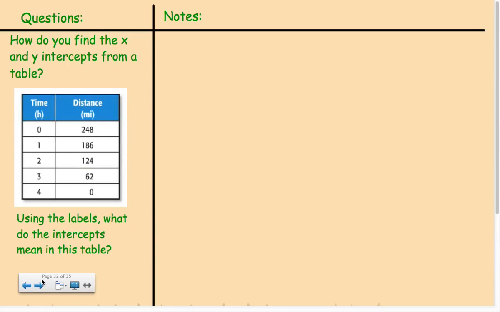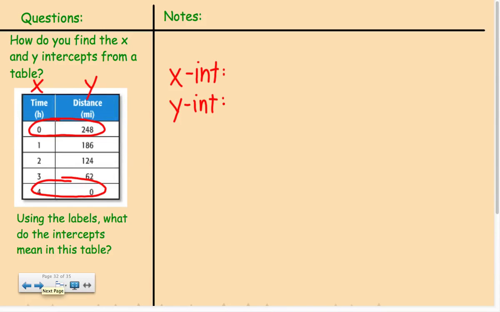All right, so now this time we're going to find our intercepts, and we're going to explain what the intercepts mean. So my x-intercept, y-intercept. Again, I'm going to look for those zeros. Here's one of the zeros. Here's the other 0. So if time and distance, we don't have x and y, but it's still, remember, time is always x, so then my other one is y.